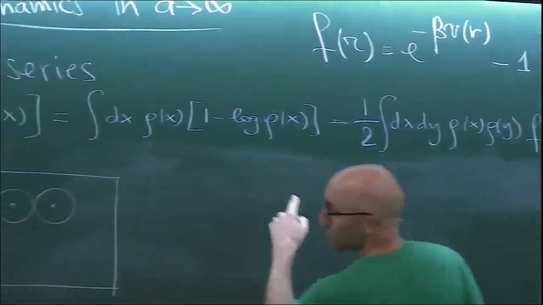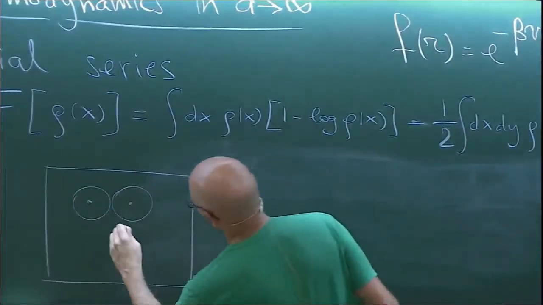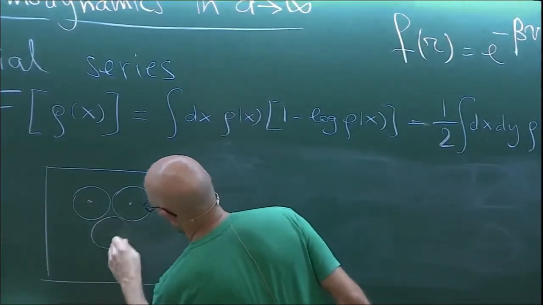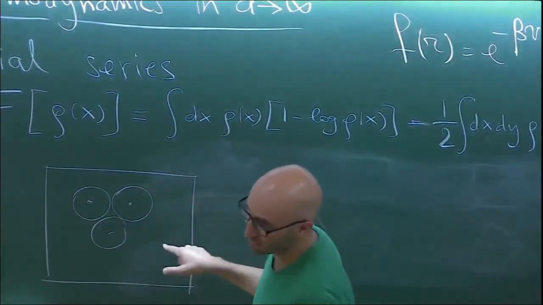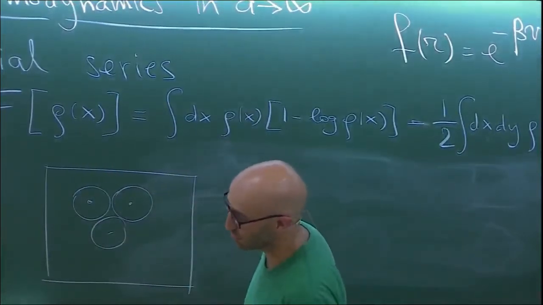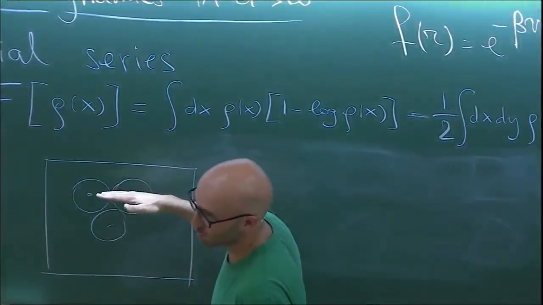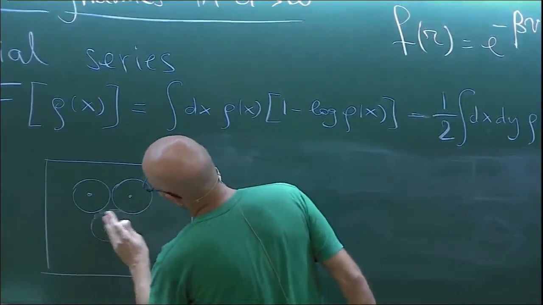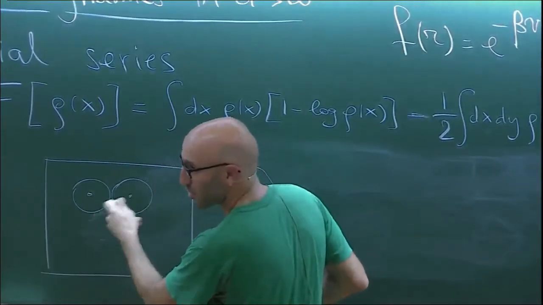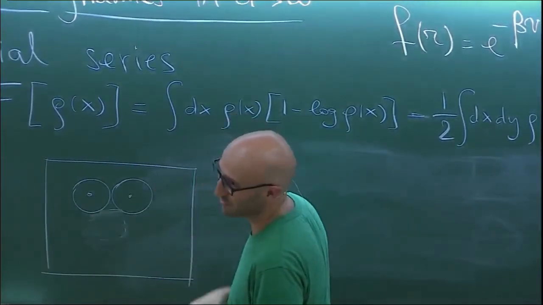Now the next term, which is the triangle, means that you have 3 particles and they should all touch to give you a contribution. So this is exponentially smaller than just the contribution of 2, which essentially means that the probability that you have 3 particles that touch all together in infinite dimension is very small.